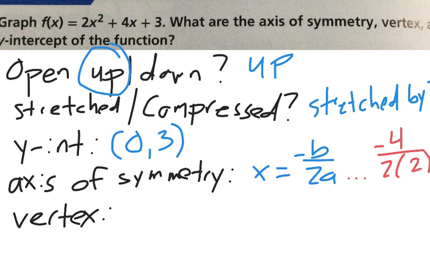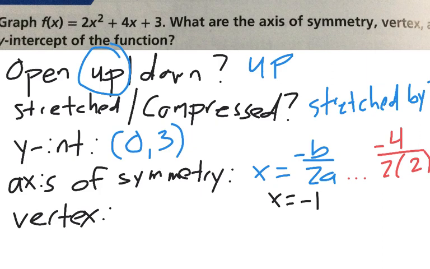What is 2 times 2? 4. And negative 4 divided by 4 is negative 1. You can plug that into your calculator if you are unsure. But the axis of symmetry occurs at x equals negative 1.